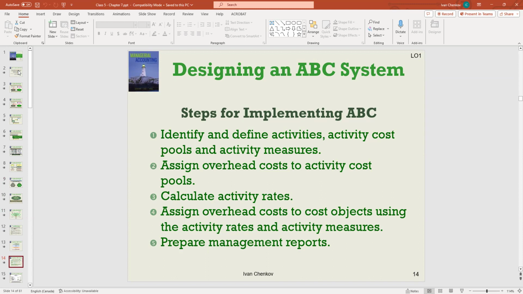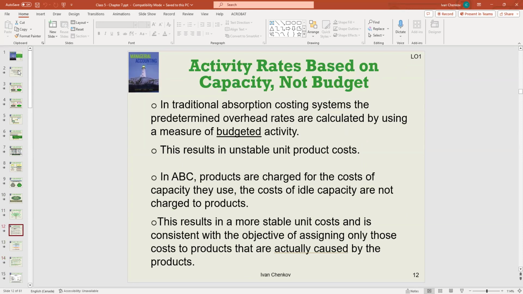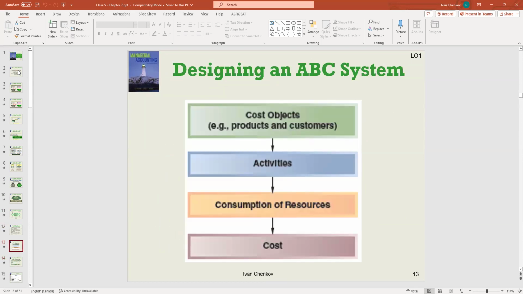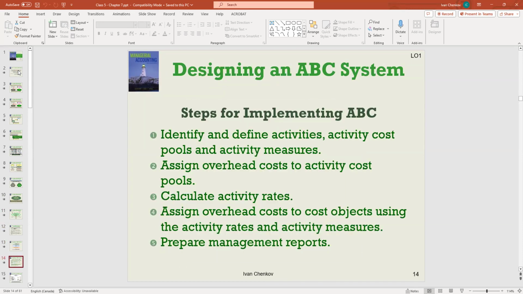Question for you. There are so many steps that we have to do, so many things that we have to have in mind. As you can see, we have to come up with the activity, the activity measures, the consumption, the cost, and the activity rates.